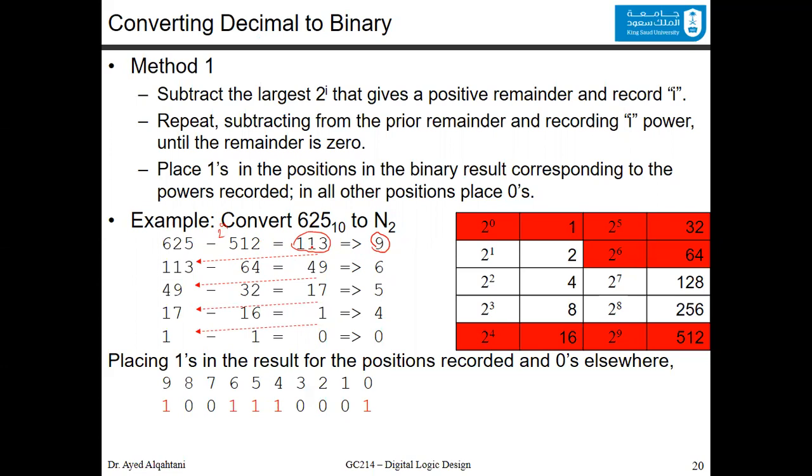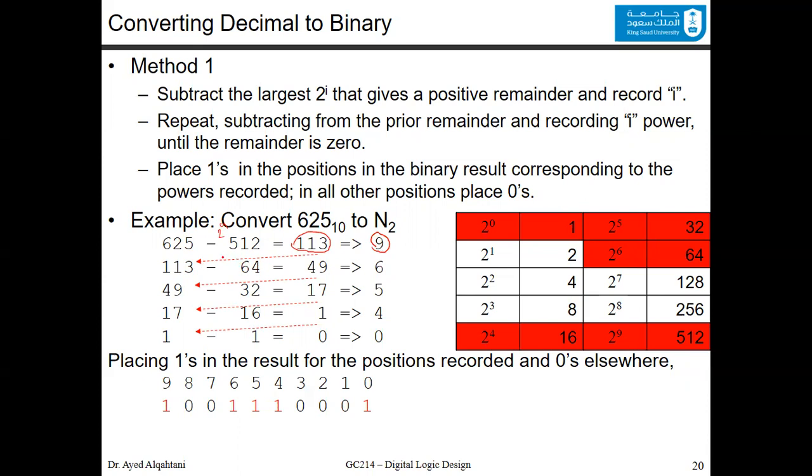Now we do the same thing. You start repeating, subtracting from the prior remainder. The prior remainder is 113 here, and then you subtract the largest power of 2 that gives a positive remainder. So here with 113, you can't use 2 to the power of 7 because it is 128 and it will give you negative.